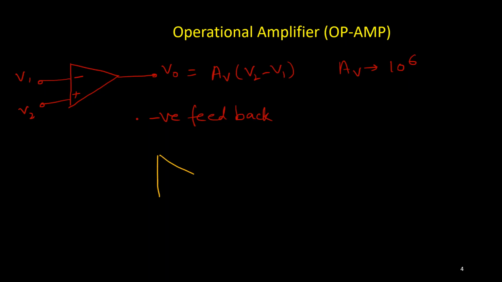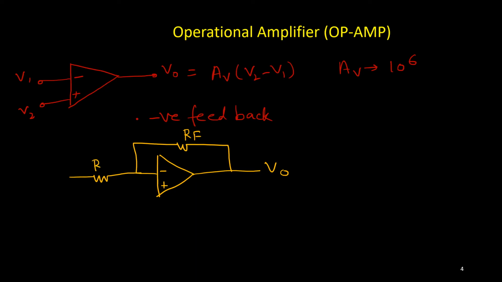So we'll use this kind of arrangement. We have to provide some sort of negative feedback. One feedback element will always be there, connected from the output to the inverting terminal, through one resistance, and that resistance will be called RF. And then we can consider one resistance here as well, that is your R1. Now this is another terminal.